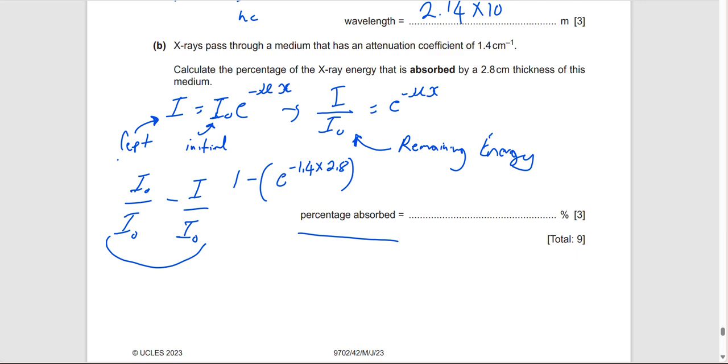And then we have our answer. If you put it in the calculator, it's 1 minus e to the negative 1.4 by 2.8, and you have 0.98. If you express it as a percent, it's 98%. Then you just write 98%.